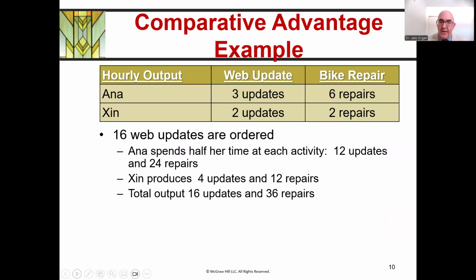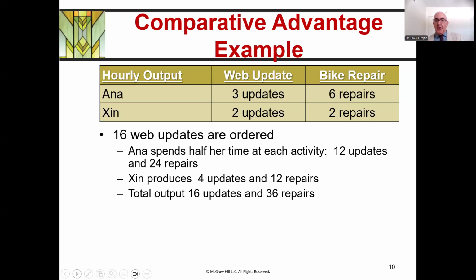Now, let's imagine 16 web updates are ordered. Let's imagine each of them has got 8 hours.